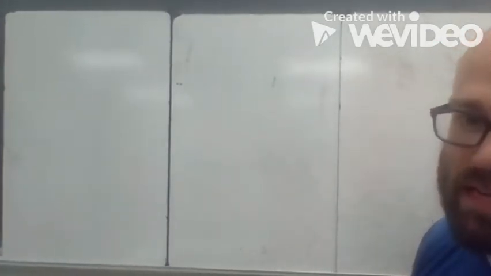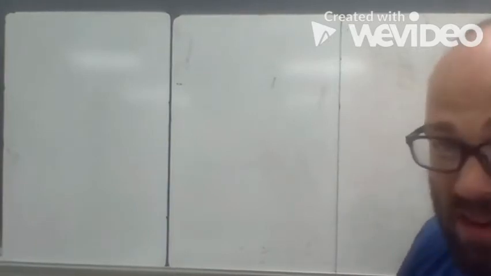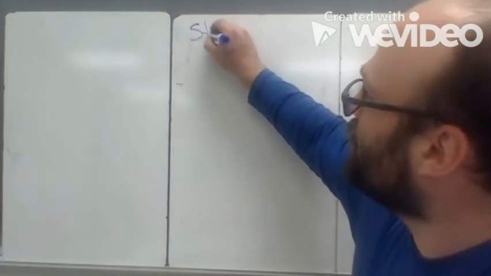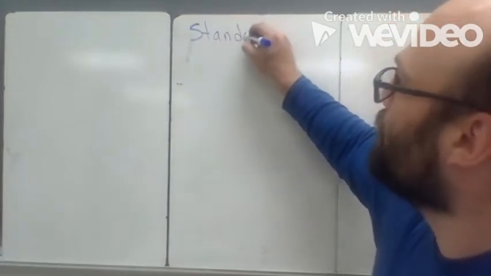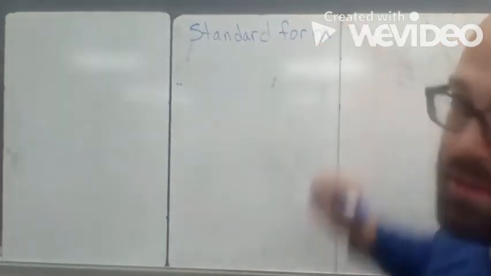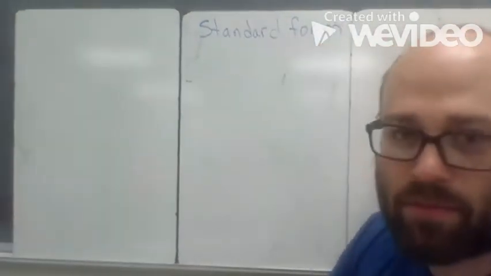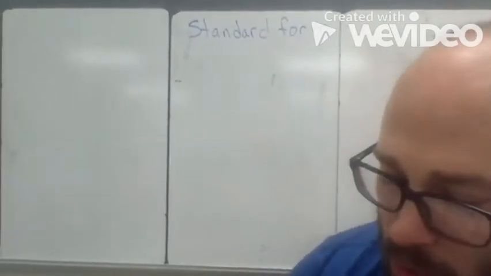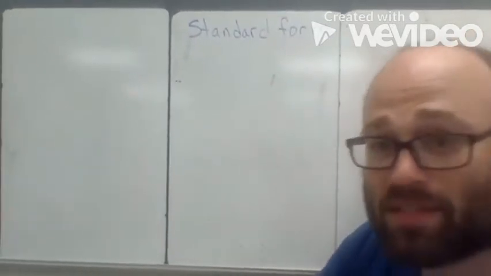So adding polynomials, the key thing to remember is that there's something called standard form, okay? Your answer should be put into standard form. You'll hear me say this a lot throughout the video and through the problems that we do. Now, when we're adding polynomials, poly means many and nomial means terms.